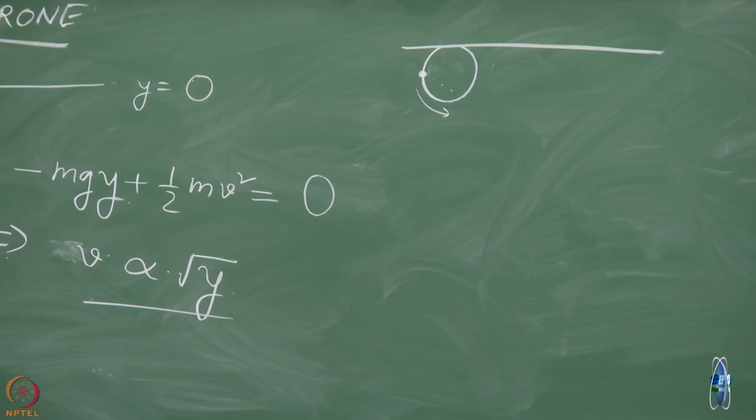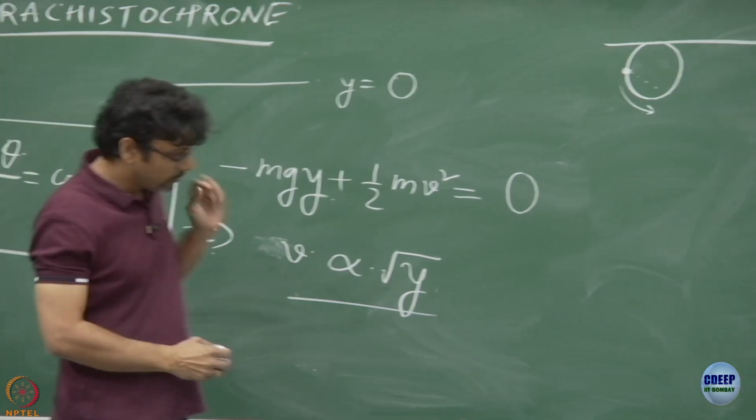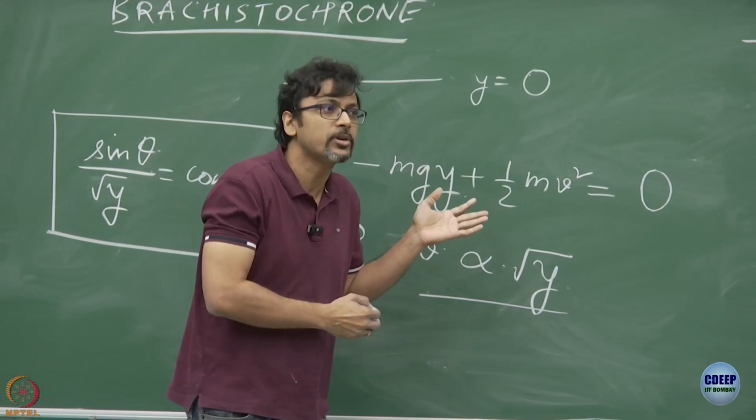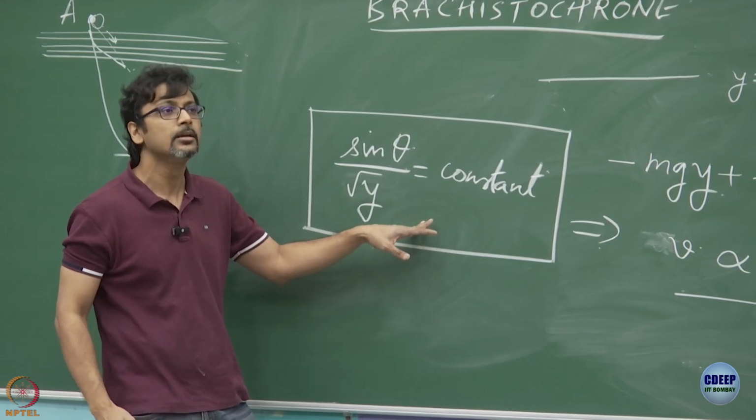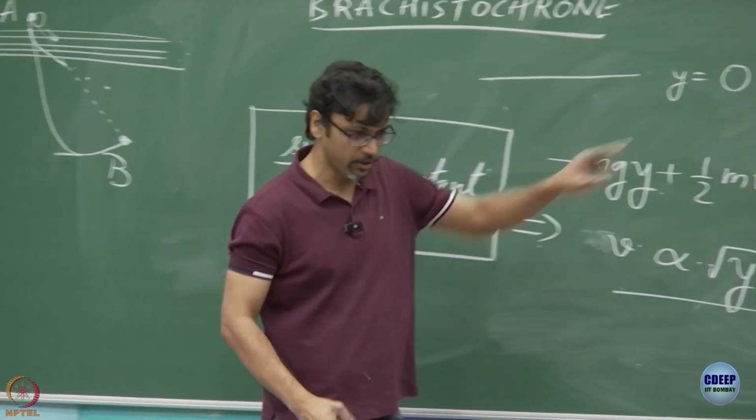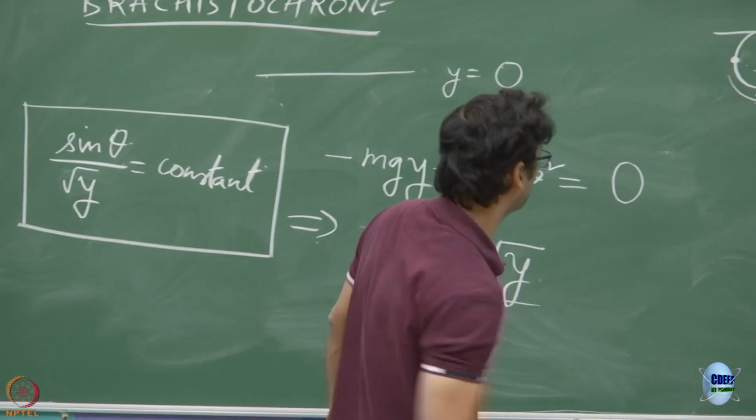Okay, I'm going to just dwell for a little while on this because it's very interesting. Otherwise, it seems very unsatisfactory: why should this be a cycloid? But I'm going to just look at the geometry of this, perhaps a zoomed version of this.